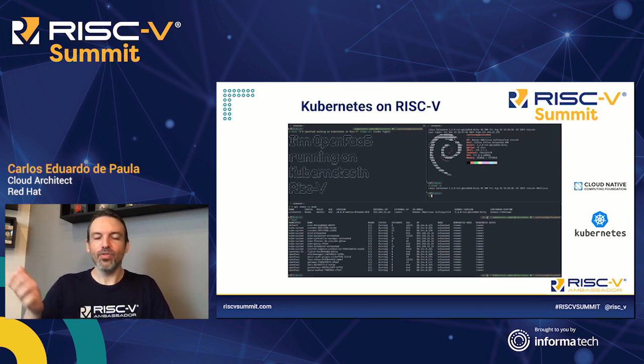So you see on top right, it's a shell showing I run Debian on this board. On the bottom, we see that there are a lot of containers running. It's an output from Kubernetes itself, running OpenFaaS. That's a function as a service application. It's a Cloud Native Foundation application, which is also a member of the Linux Foundation, like the RISC-V Foundation.